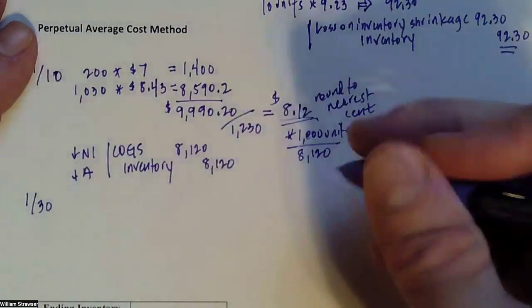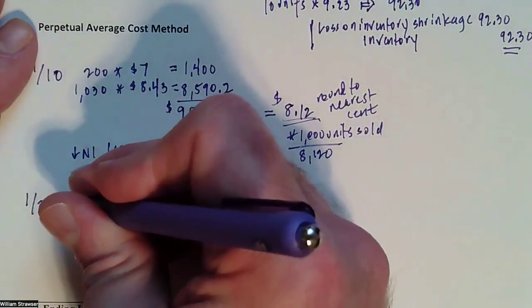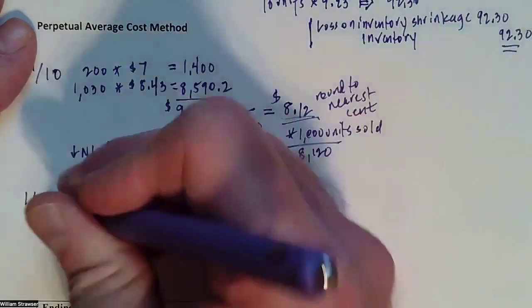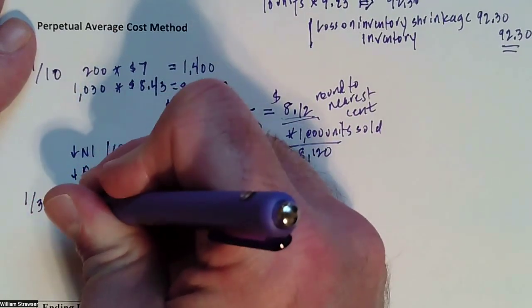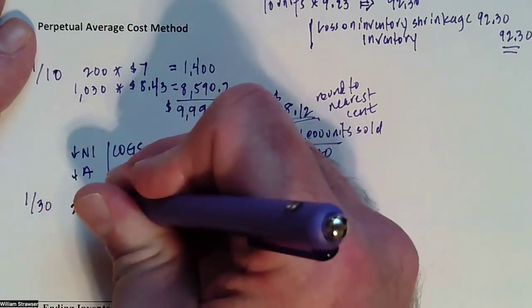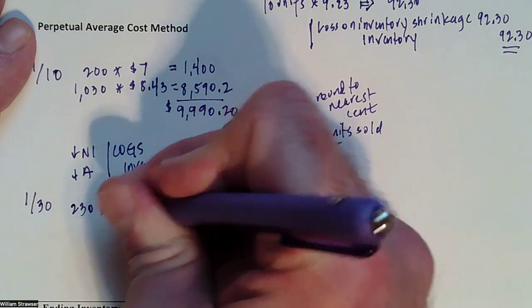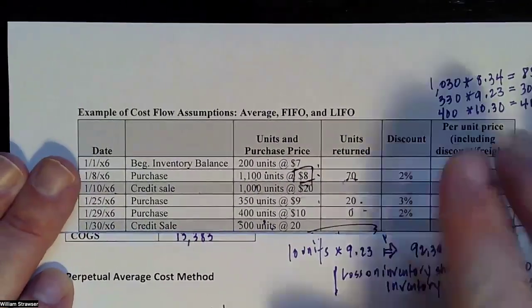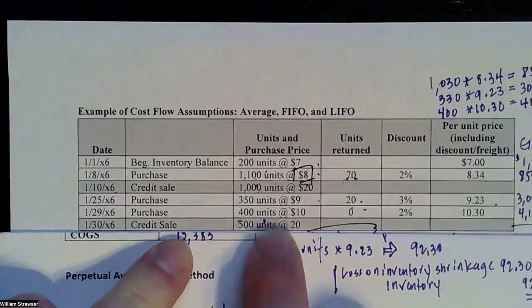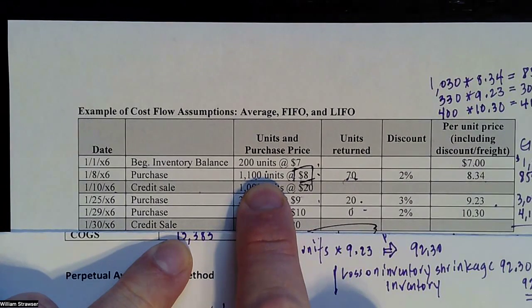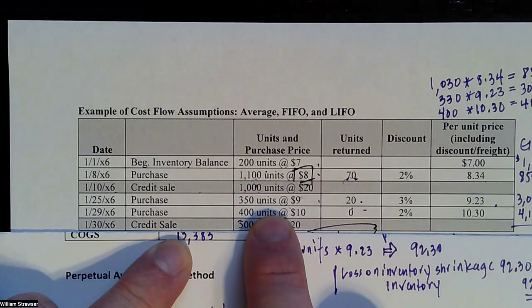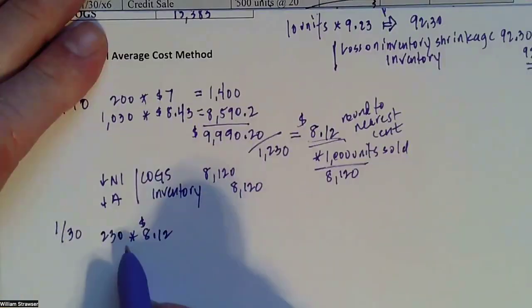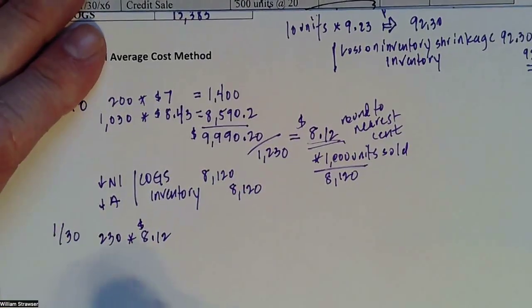So coming forward, I need to keep in my memory bank that I still have 230 units at a price of $8.12. But I also have additional purchases, right? Because the moving average up to January 30th would encompass what's left here and anything more that I bought. So what's left is the first thing I record.